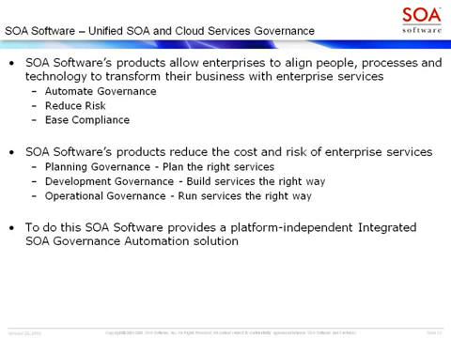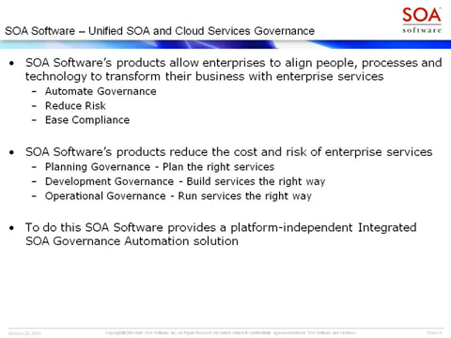And we do that through automating the governance in conjunction with organizations like IBM. We try and reduce the risk as much as possible, and that goes hand in hand, of course, with the automation and the integration that we provide. And we also try to ease the compliance, which generally lowers the burden of an IT transformation into the SOA space.